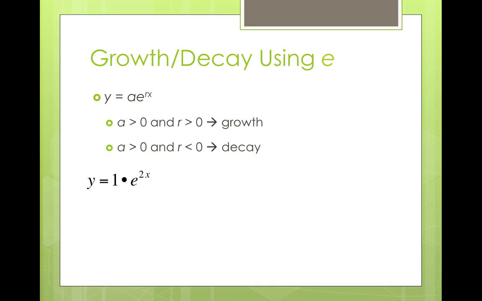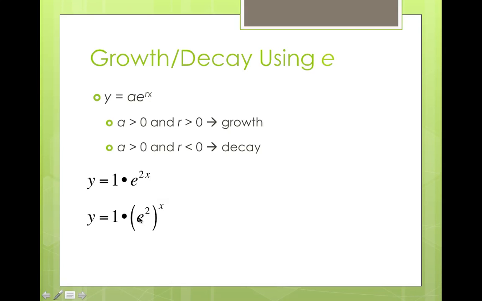If I choose a positive r value, let's say a 2, and I'm just going to keep a really simple by making it 1, so it's still greater than 0. Well, I could rewrite this equation by splitting up the e to the 2x as e squared and then to the x power.